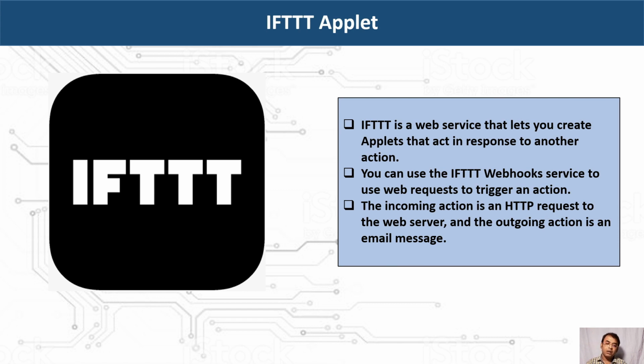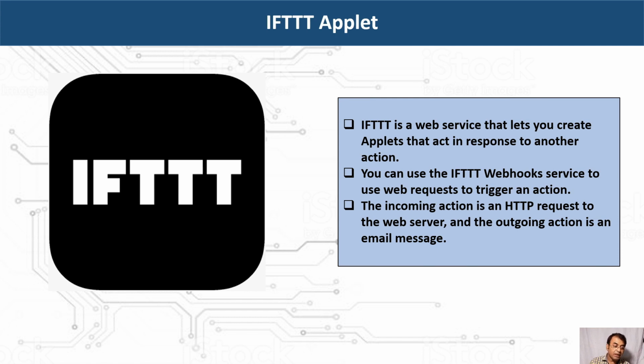Now I'll tell you how to configure an IFTTT applet. IFTTT is a web service that lets you create applets that act in response to another action. You can use the IFTTT webhooks service to use a web request to trigger an action.